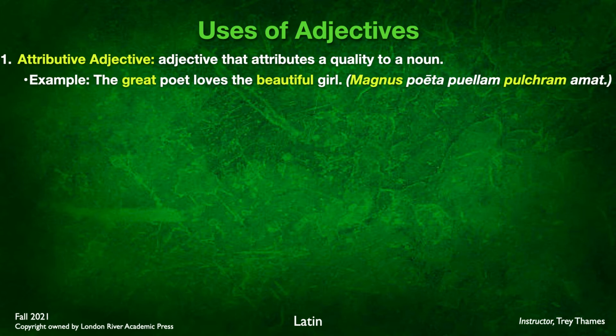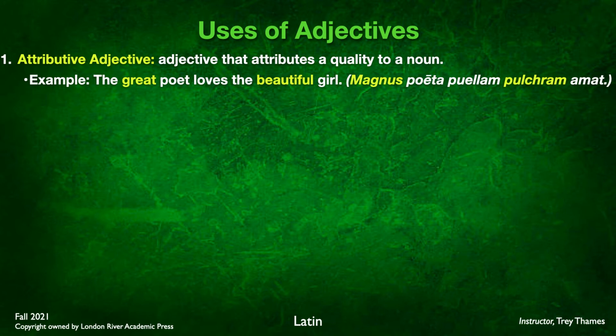In Latin, this would be magnus poeta puellam pulchram amat. The great poet loves the beautiful girl. Now, just a reminder, most frequently adjectives will follow the noun that they modify. However, if it is a noun that has an attribute of quantity or quality, or if it is a demonstrative pronoun, a demonstrative adjective, then it will come in front of the noun that it modifies.